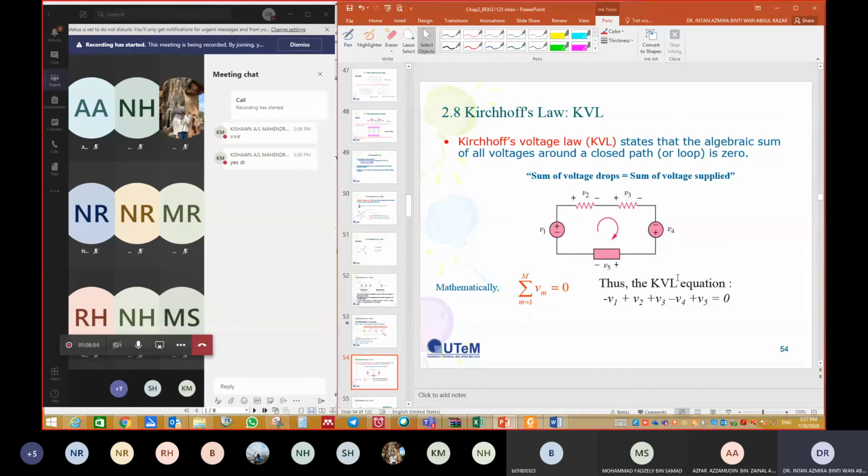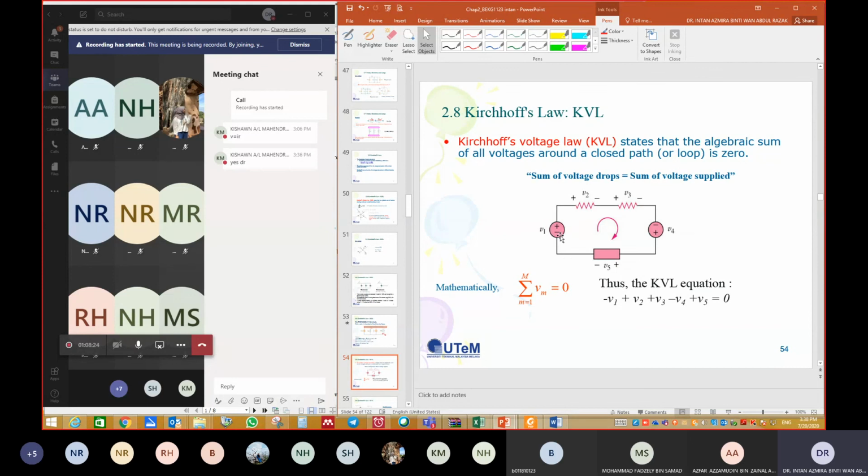Then this is the KVL equation. You can use either the first sign, negative, positive, positive, negative, positive, or you can also use the second sign.